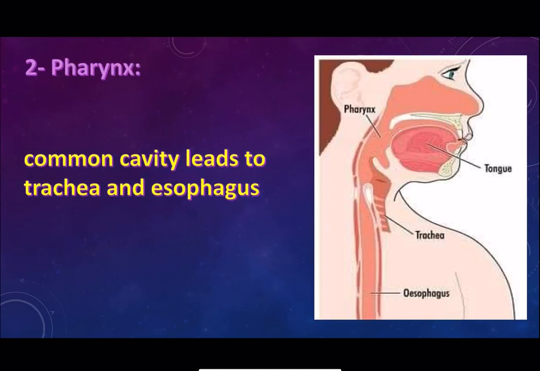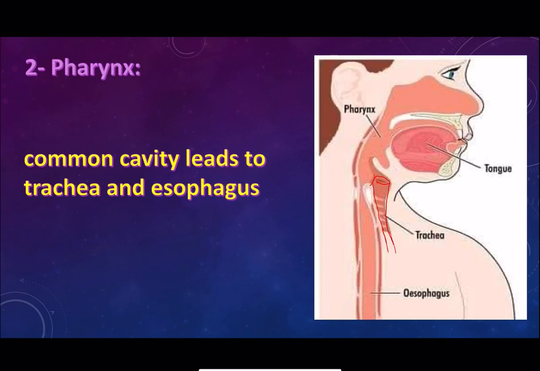Now we will describe the second part inside the digestive canal, which is the pharynx. The pharynx is a common cavity which leads to the trachea and esophagus. Let's see. This is the trachea.